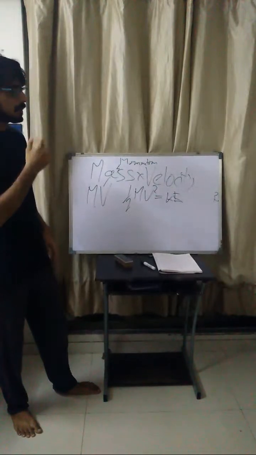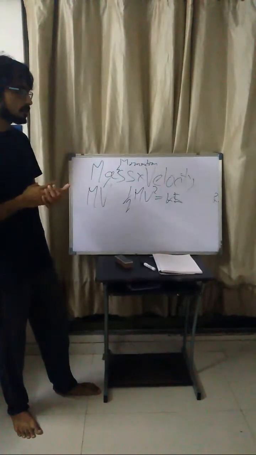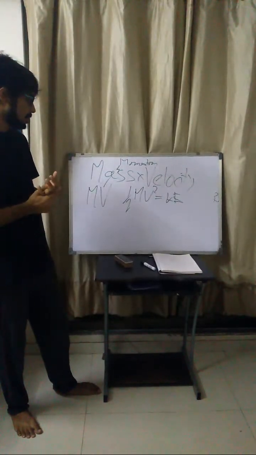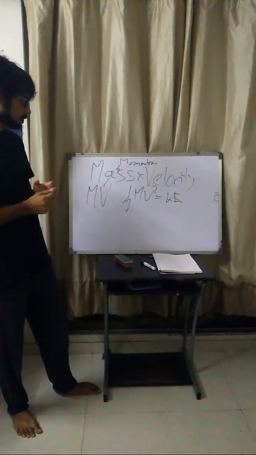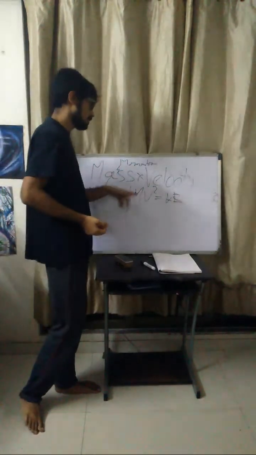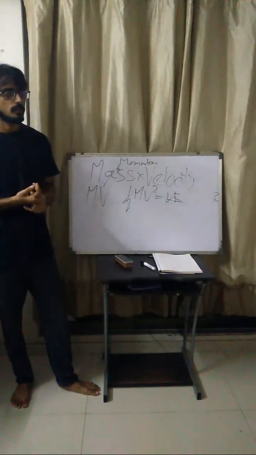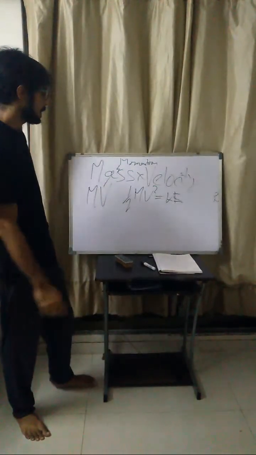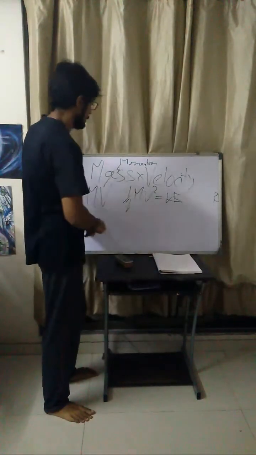And you have to integrate mv, mass is what? Mass is a constant. V is distance by time. You have to integrate mv with respect to time.